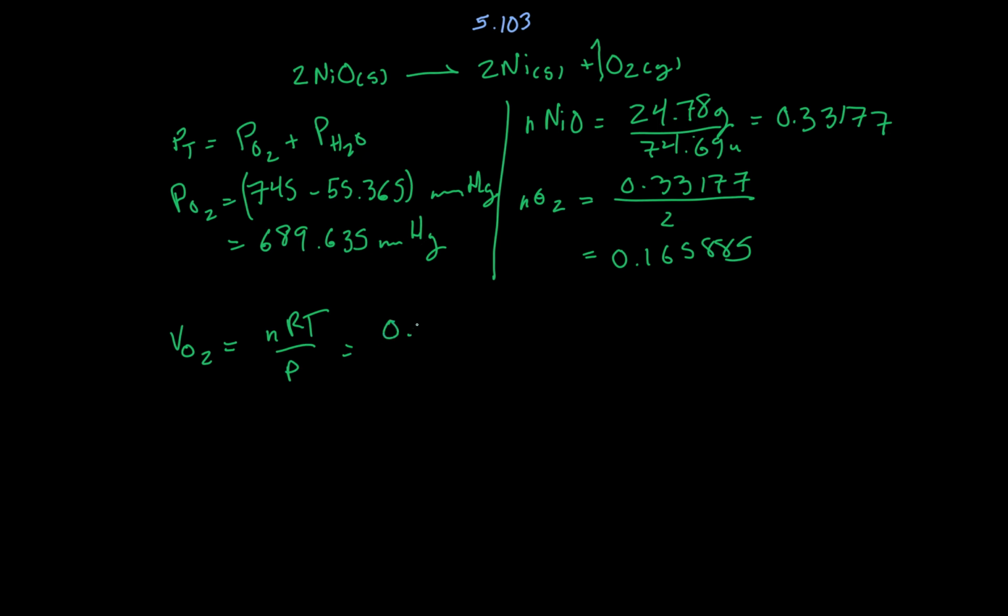is 0.165885 moles times 8.314 J over mol K, times 40 degrees plus 273, which is 313.15 Kelvin.